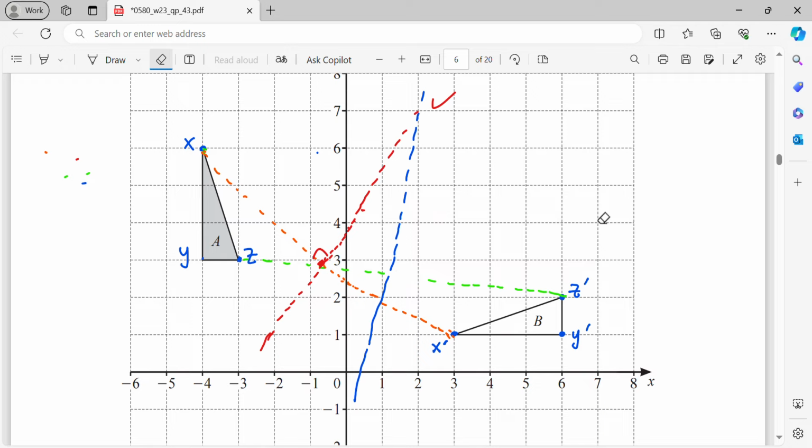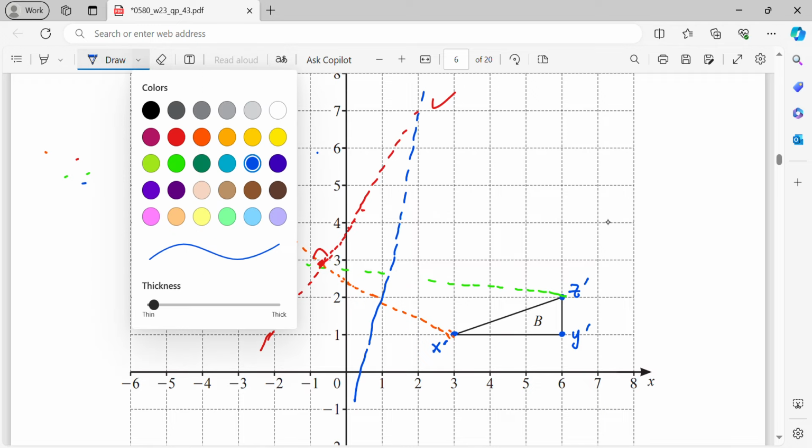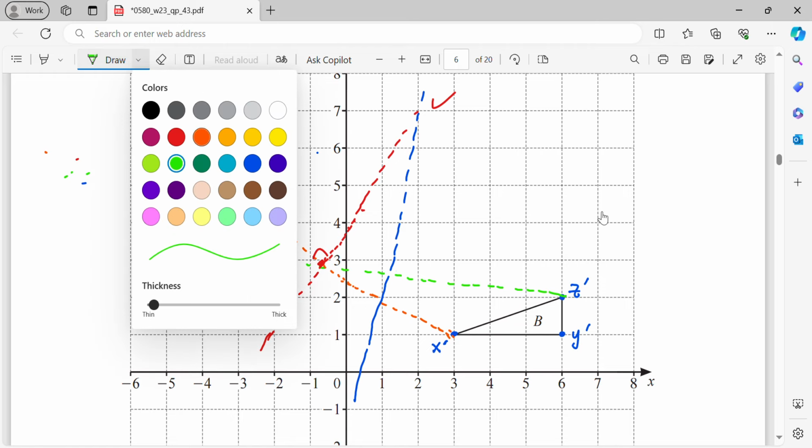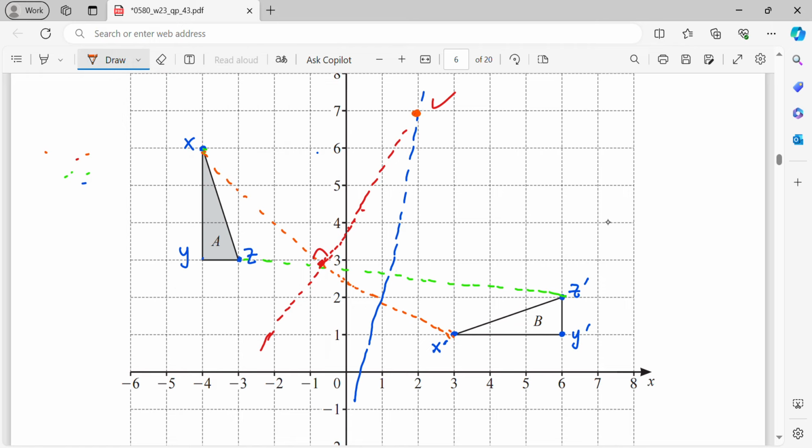Then you will find that both perpendicular bisectors, the blue line and the red line, will be intersecting at this point. That means this is the center of the rotation. So the center of the rotation is at (2, 7).